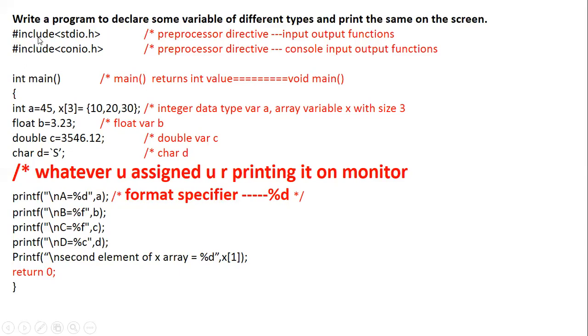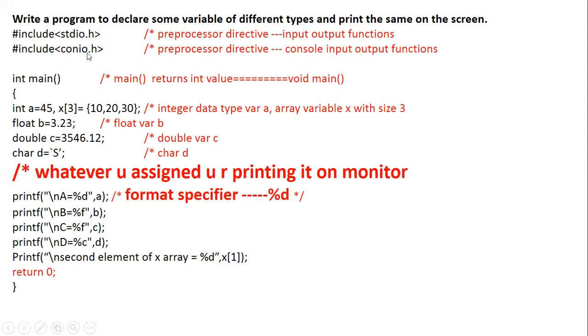So the compiler understands that it needs to pre-process something. What? It has to include something. It is including stdio.h, that is, the standard input output header file. This header file includes all the input output functions related to the C program, and you can easily access all those functions in the program because you have added stdio.h.